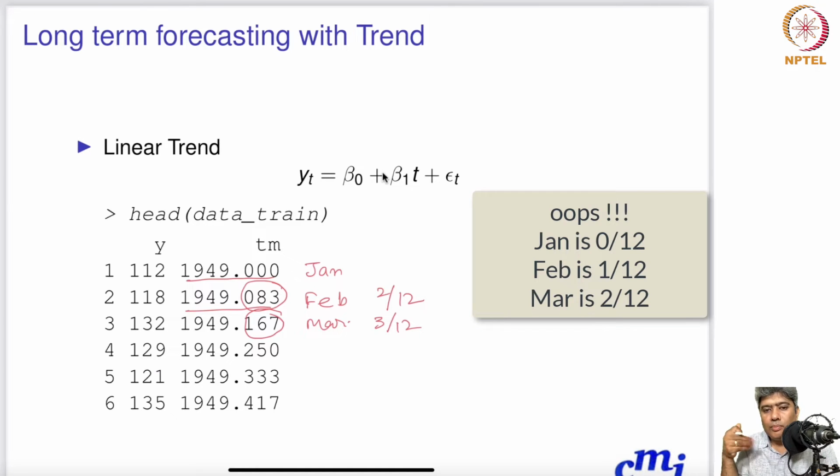That is how the months are converted into a numeric value. So this is my t, and this is Y_t. Essentially, these are the values, in 100,000s: 112,000, 118,000, 132,000. These many people traveled by air in that month.